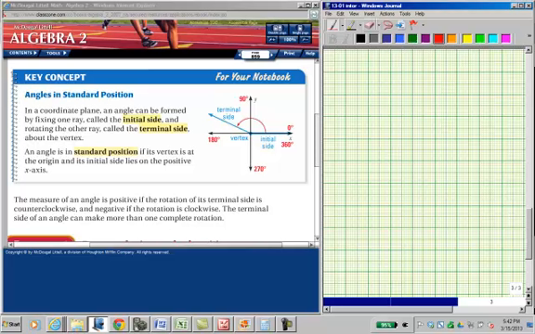All right, well, let's go back to our little drawing here. So we got to start over again because I scribbled all over that one. Okay, so we got 0, 90, 180, 270, and then let's say 360 is here and 0's here. So the positive side of the x-axis is called the initial side.